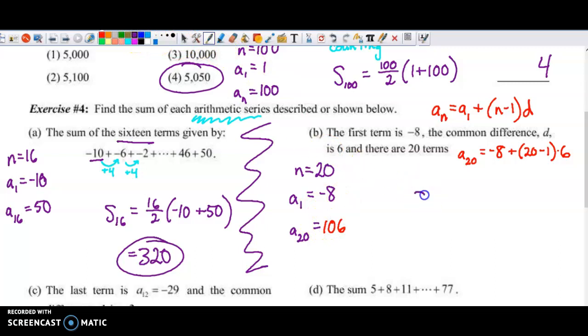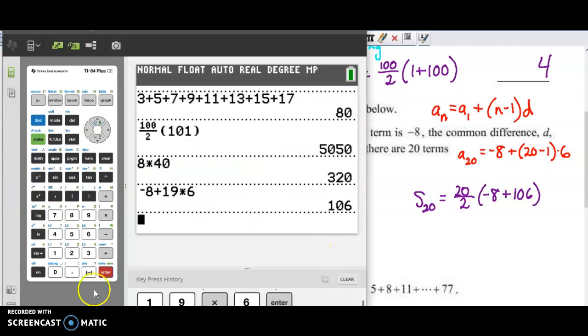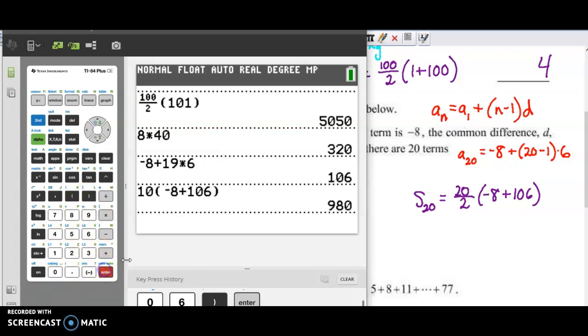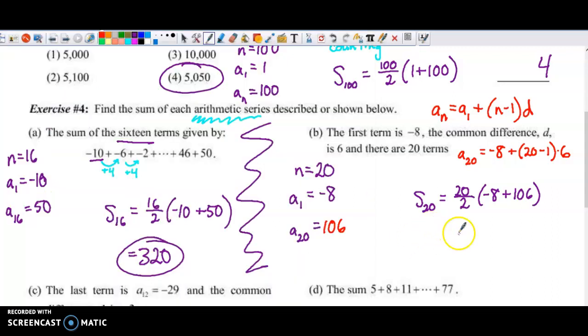Is because then the sum of these 20 terms is equal to 20 divided by 2 and negative 8 plus 106. And again, some of these problems I think you could do in your head, but you're welcome to use a calculator and you get 980.